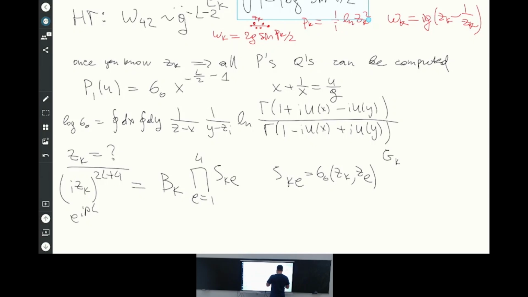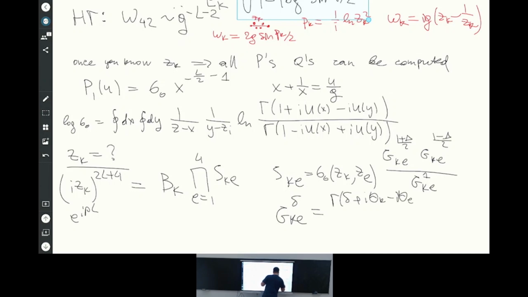So it is not actually Beisert-Eden-Staudacher, but a slight modification. And then you have some factors of gammas, which is just gamma of delta plus i theta k, i theta l over the complex conjugate. So this theta over g is just z plus 1 over z.